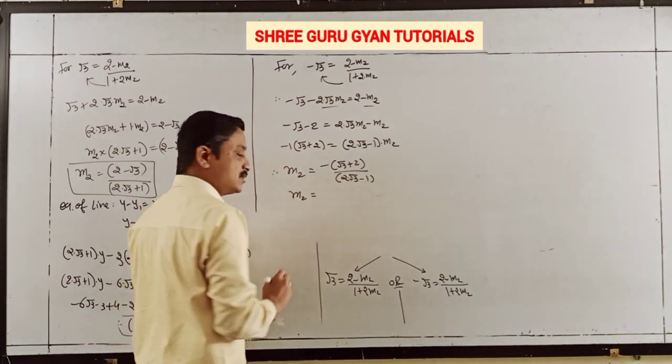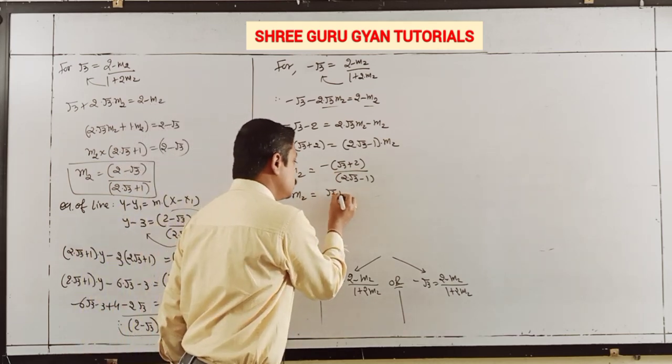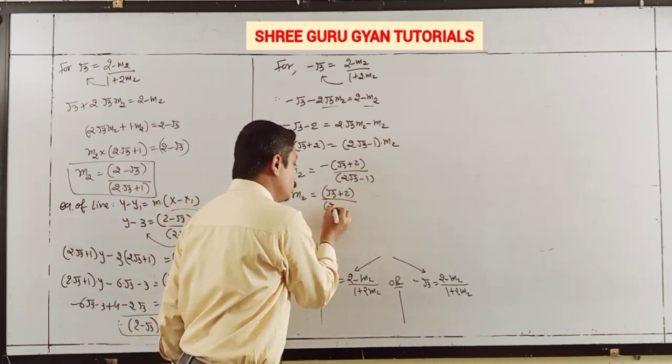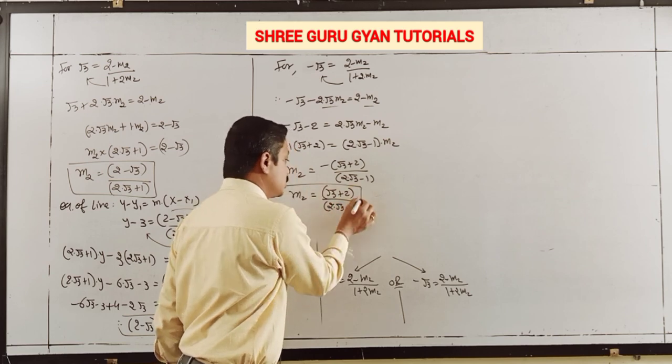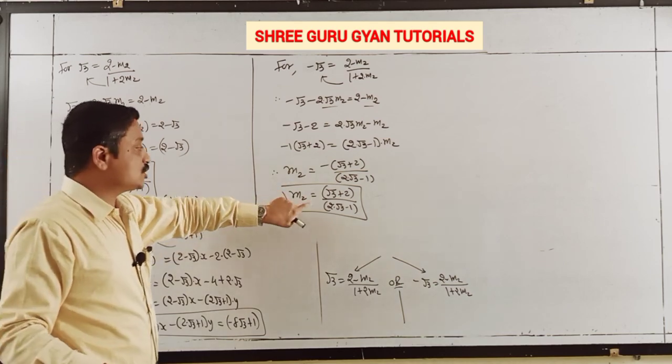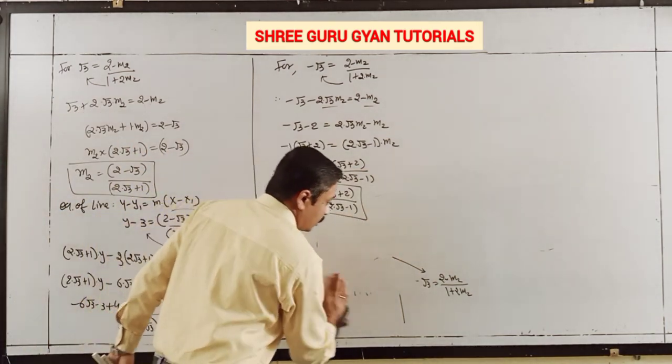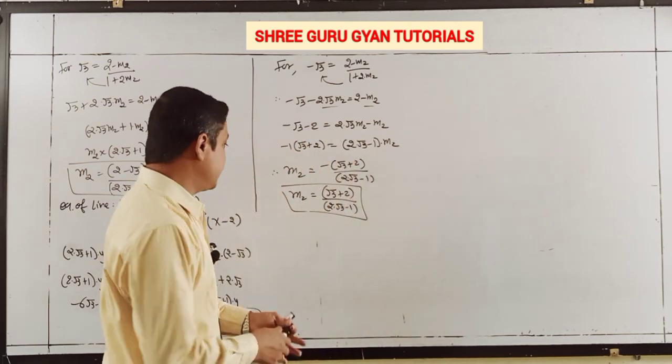I just take this minus to the denominator. So m2 is root 3 plus 2 upon 2 root 3 minus 1. That's your different slope; according to the first and the second, they are different. Now the line passes through the same point, students, (2, 3), and my equation of line is derived.